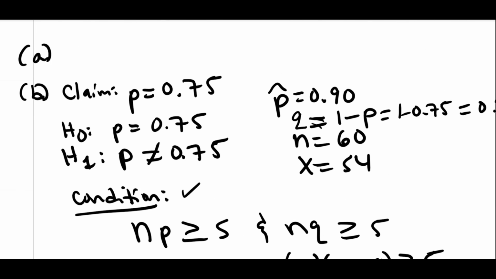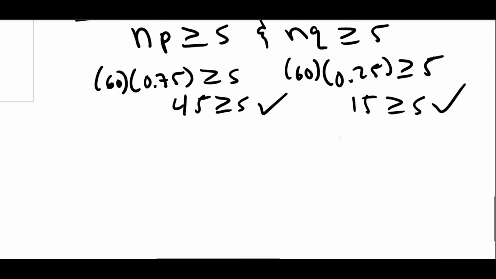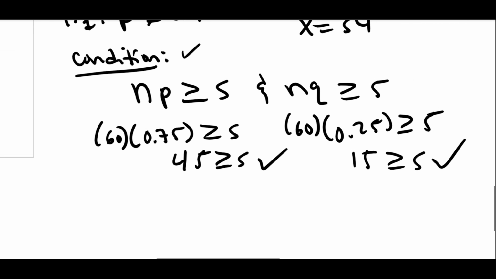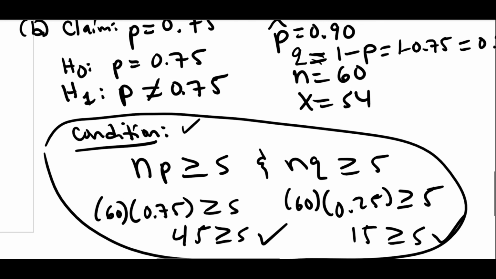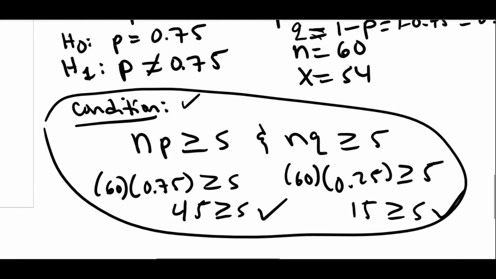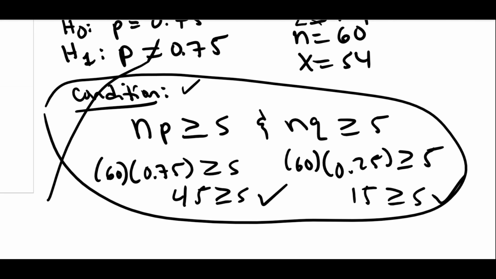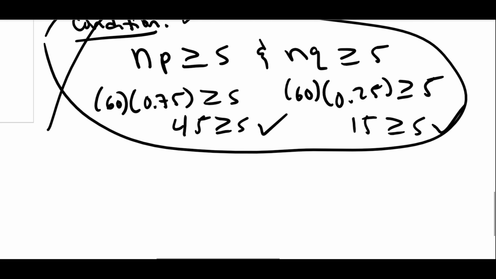So for part A, z-test for a proportion. Okay, so we can go ahead and use the test. I'm going to go ahead and put this in a bubble. Continuing, we see that based off of the H1, this is a two-tailed test.